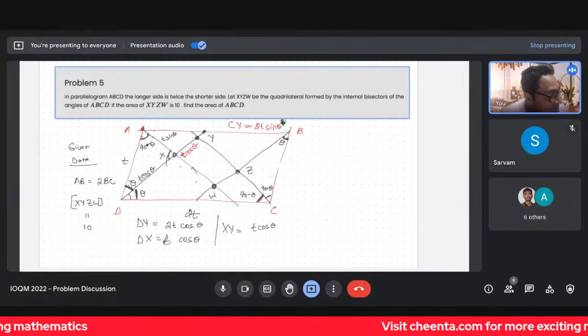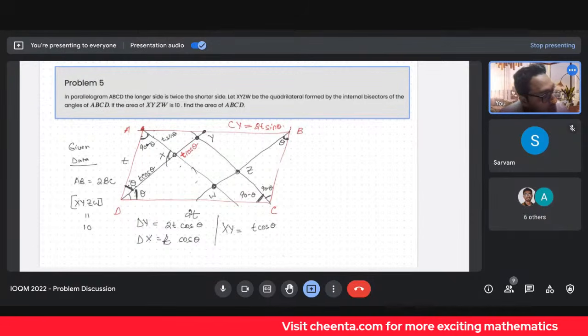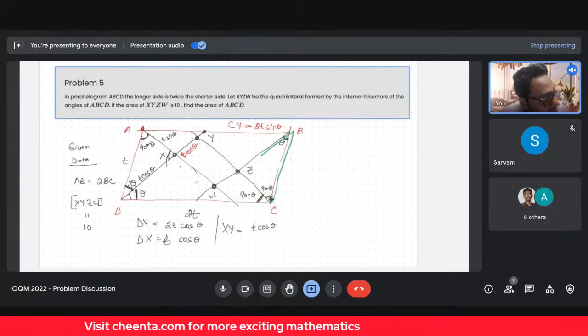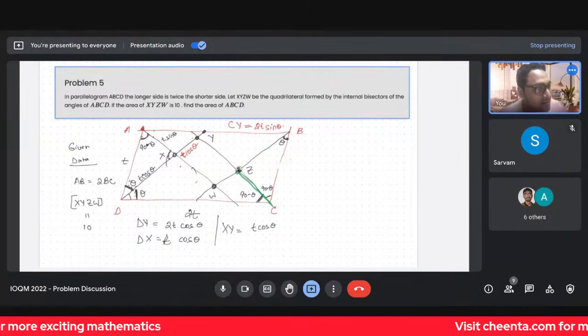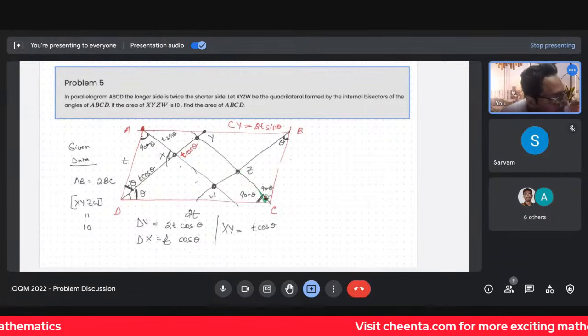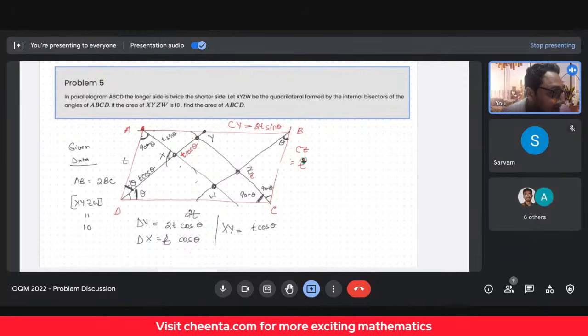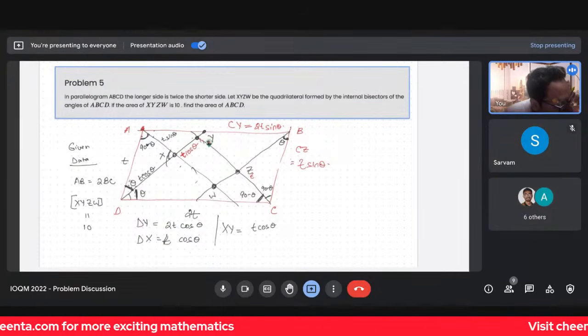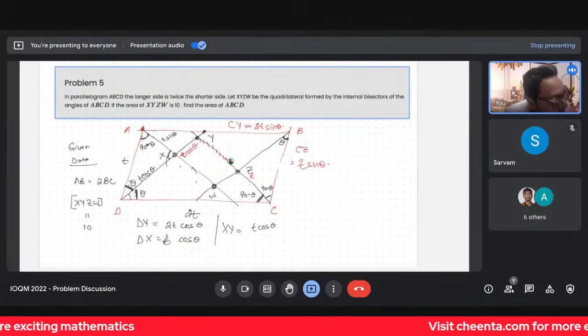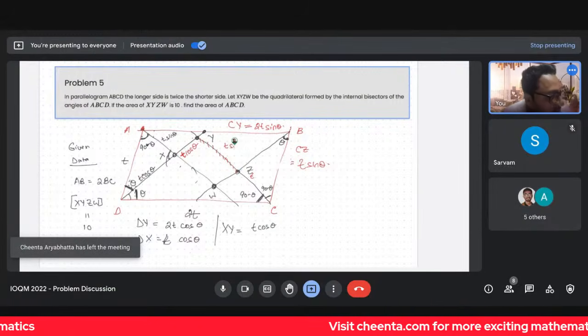And if you look into this particular triangle, you will be able to see that CZ is t sine theta. So what you have here is YZ turns out to be t sine theta.